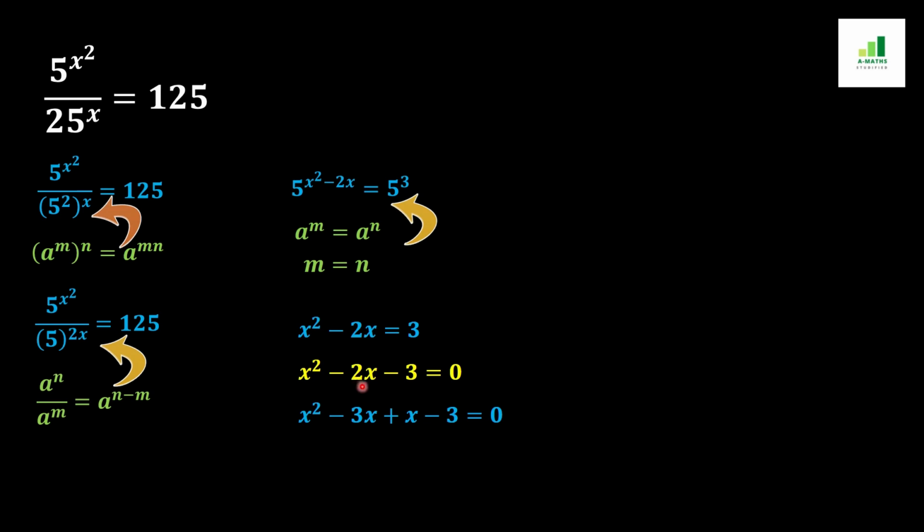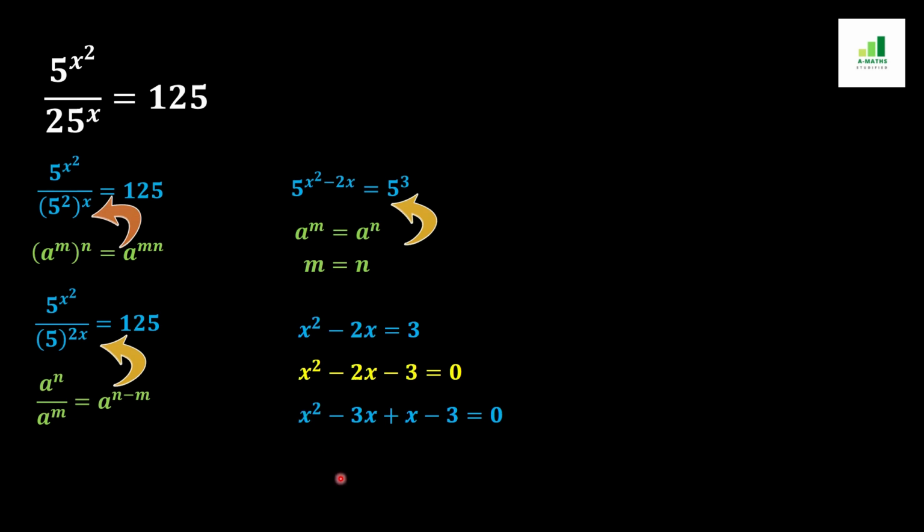This minus 2x will break into minus 3x plus x, and when we add minus 3x and plus x, it will be equal to minus 2x, and when we multiply minus 3 with the coefficient of x, it will be equal to minus 3, which is equal to the product of the a and c coefficients.